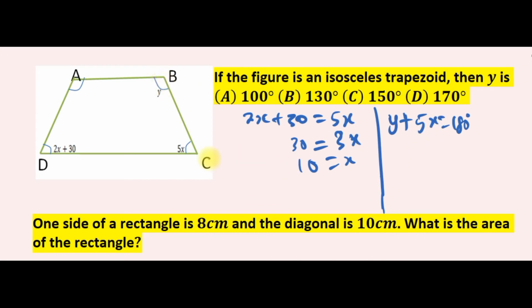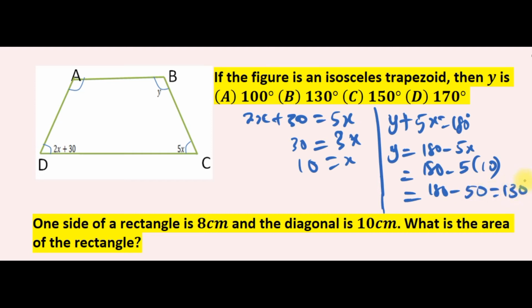So the value of y is now 180 minus 5x. From here 5x is 50. So 180 minus 50, the answer is 130. So our answer is B.